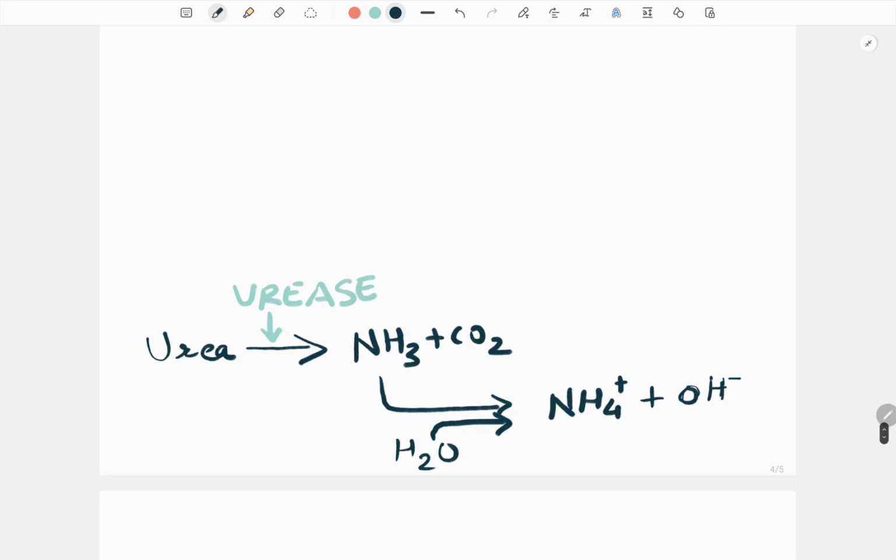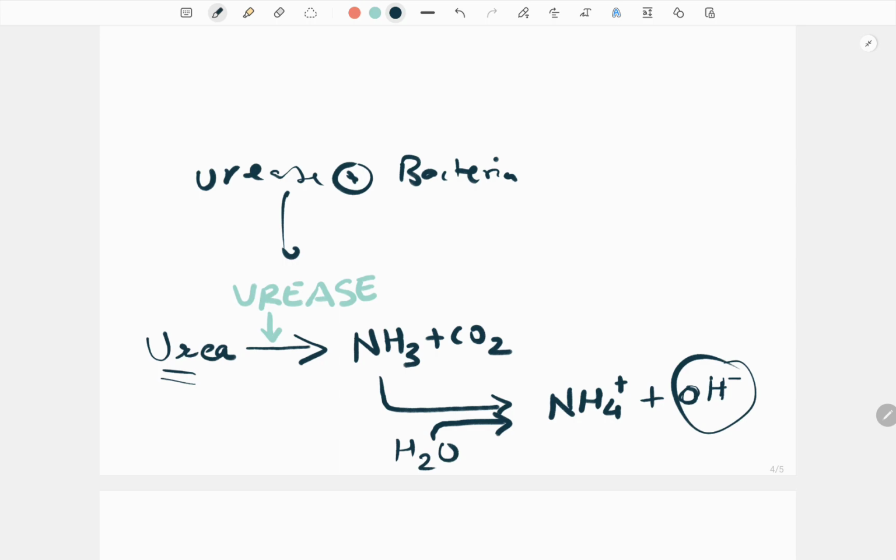So let's talk about the urea which is present. Now the urease is produced by the urease positive bacteria, and in the presence of urease, urea breaks down to ammonia and carbon dioxide, and this ammonia with water will give you ammonium and the OH minus molecule, which is basic in nature, and that will increase the pH level of urine, the basic urine.